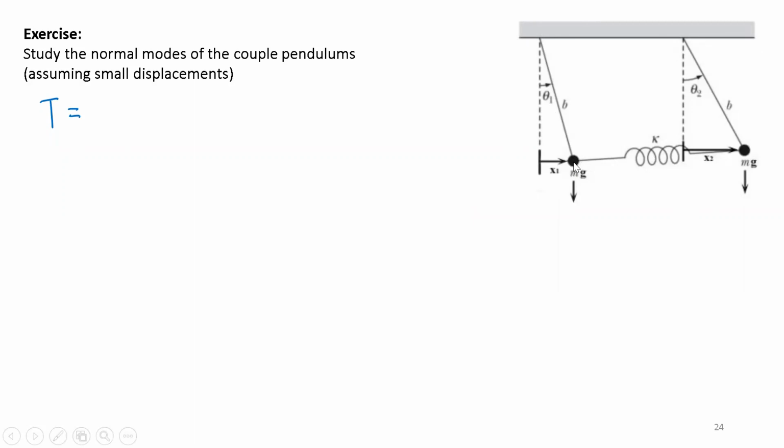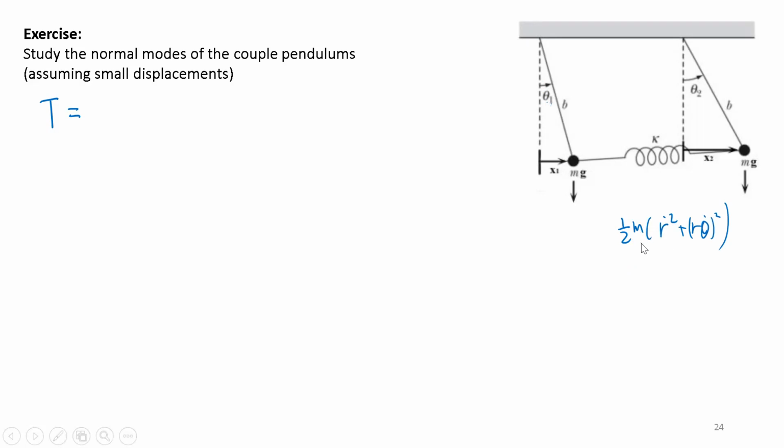In polar coordinates, if you consider theta as your polar angle, you may still remember that the kinetic energy would be 1/2 m (r dot squared plus r squared theta dot squared). However, r dot is 0 because r is always equal to b.